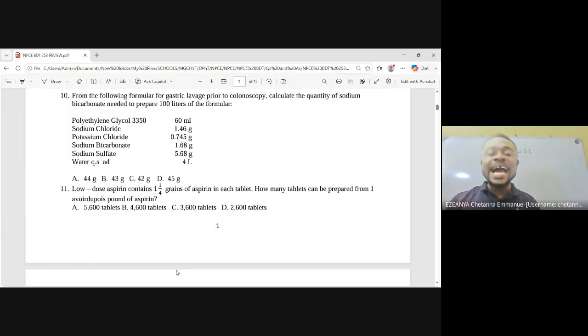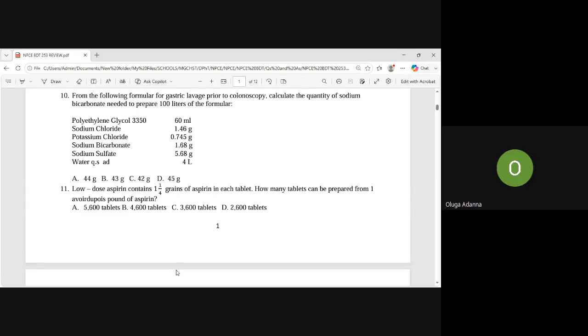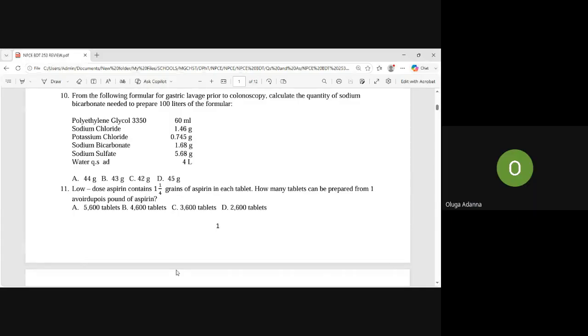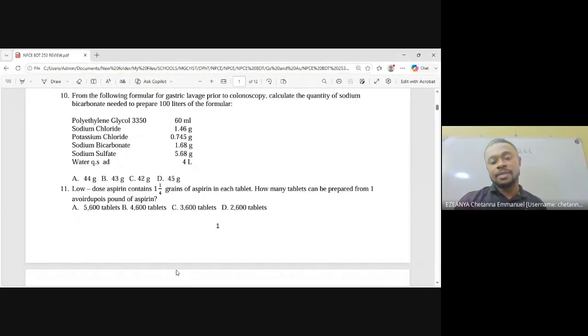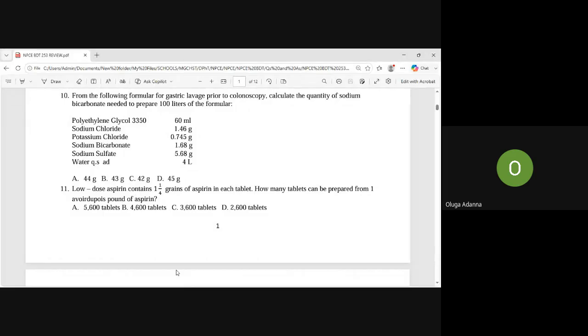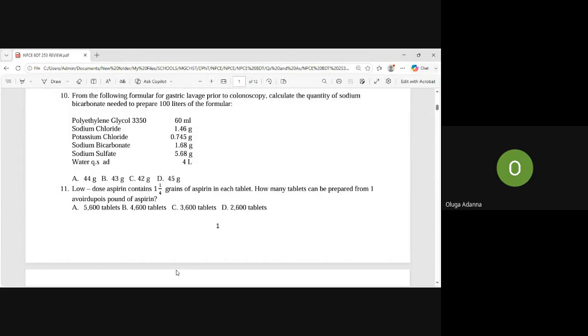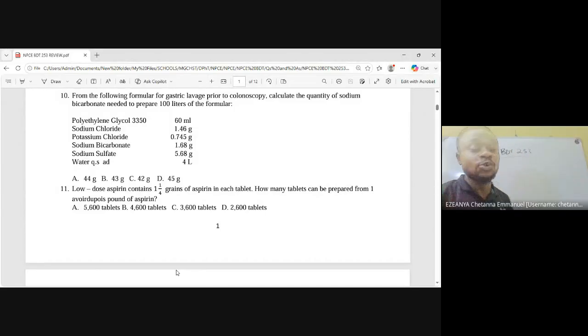But we were asked the quantity of sodium bicarbonate needed to prepare 100 liters. So if we have 100 liters, are we supposed to reduce or enlarge? We are going to enlarge the formula.